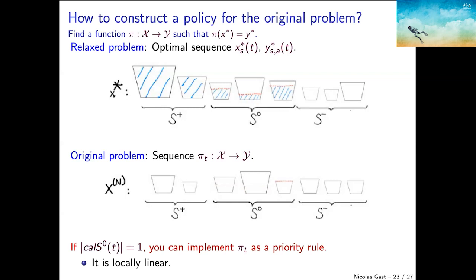And the rest is S0. So S0 are the ones for which you have essentially both Sx0 is positive and Xs1 is positive. And so the idea is that if you have exactly one state in the middle, this can be implemented as a priority policy.